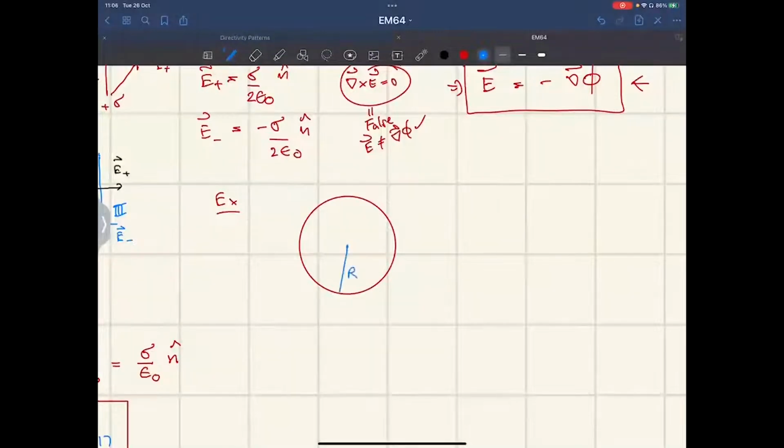We have the sphere of radius r, and we have point r here that we are interested in. Now we want to find the electric potential inside and outside of this sphere. Okay. And this sphere has a surface charge.